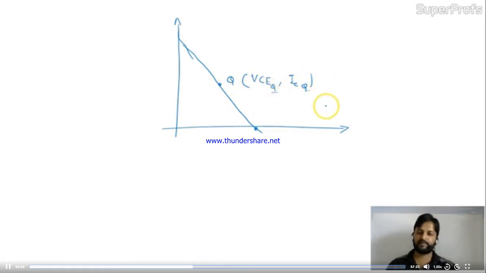Okay, perfectly fine. Here is definitely VCC, and this is IC, and this is VCE. The value of VCE when current is 0 becomes VCC. And here when VCE is 0, the IC becomes VCC by RC. This is the DC load line we have seen earlier, right?